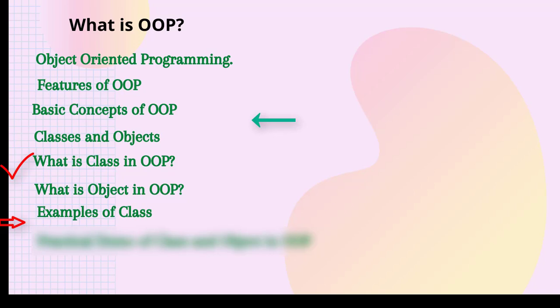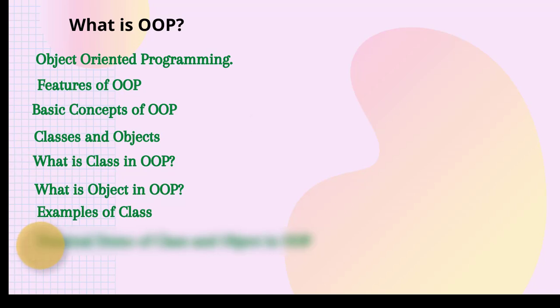These are the attributes. And what are the methods or functions of a laptop? We can play videos, we can play games, we can perform programming, we can listen to songs. So these are the classes, features and functions.